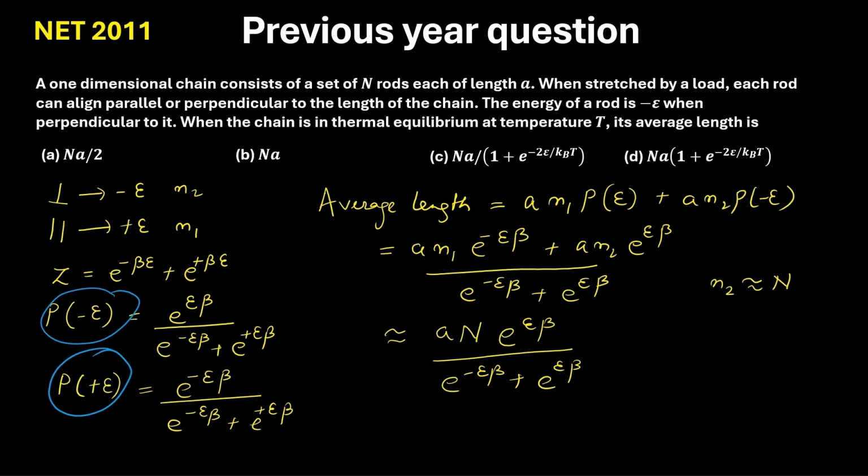I can bring the exponential term in the numerator down to the denominator. Then we will get N times A over e to the power minus 2 epsilon beta plus 1. So this is the answer. So I think it is matching with option C.